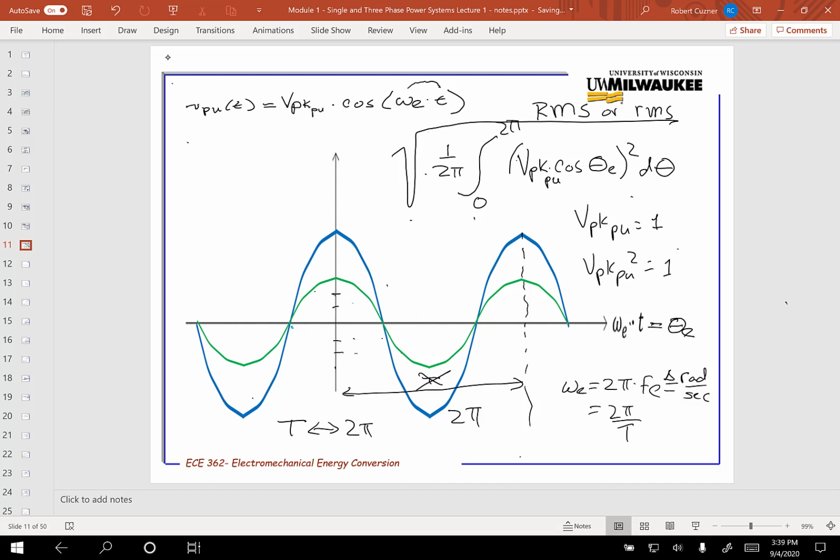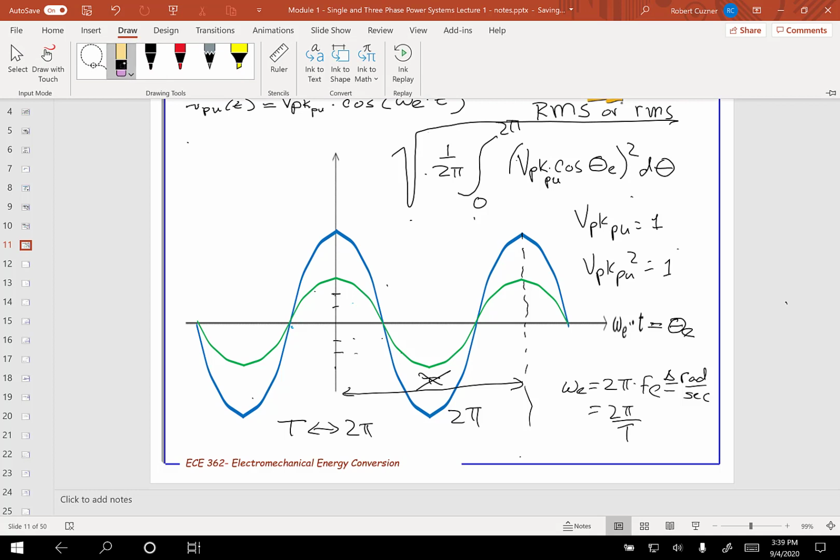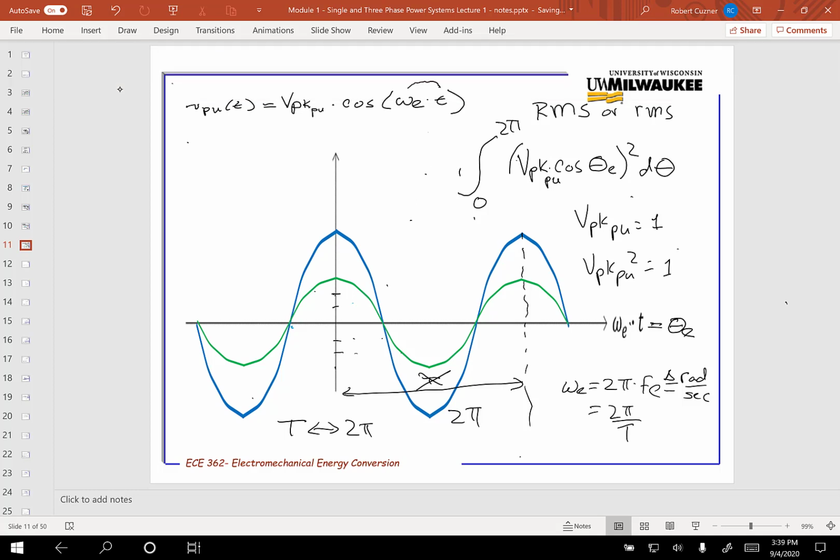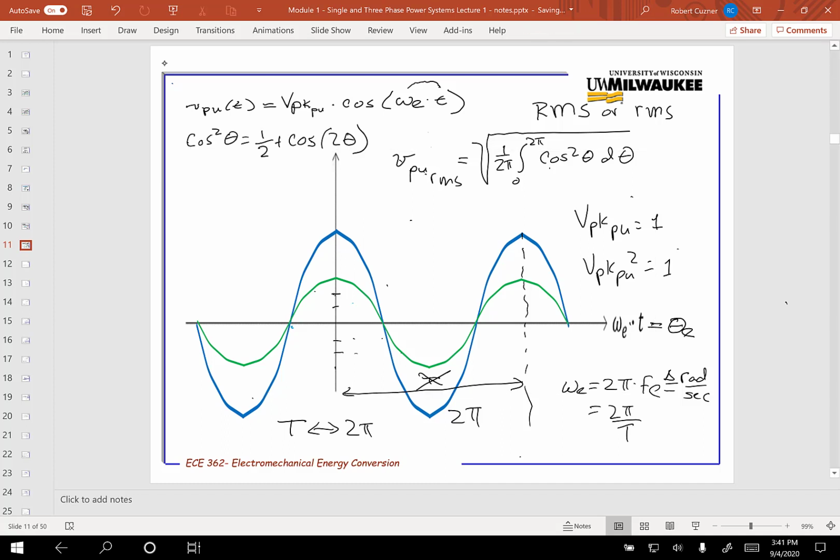So I can simplify this equation a little more. And we know that there's a trigonometric identity for cosine squared of theta. Well, that makes things easier to deal with. So we would be plugging this into here.